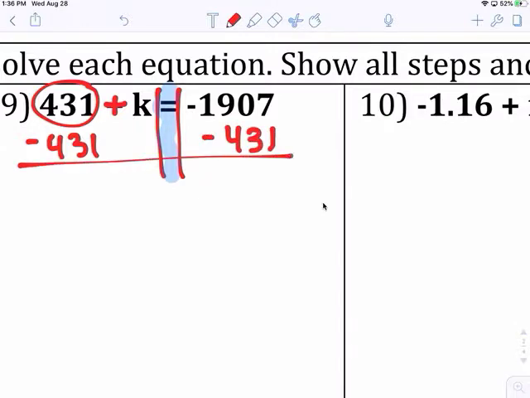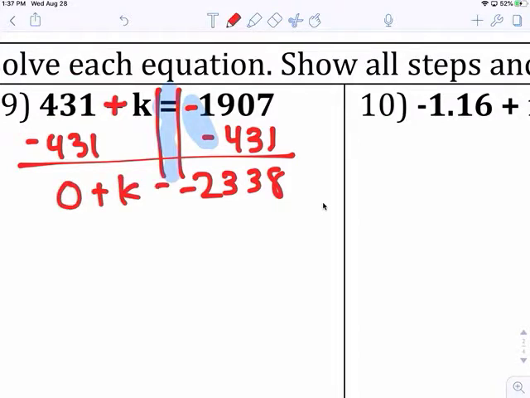Because this has 2 negatives, you add them. So 8, 3, 13, 2, negative, because the bigger number is negative, or both are negative. And this here, you solve to get 0 plus k. 0 plus k is k equals -238.